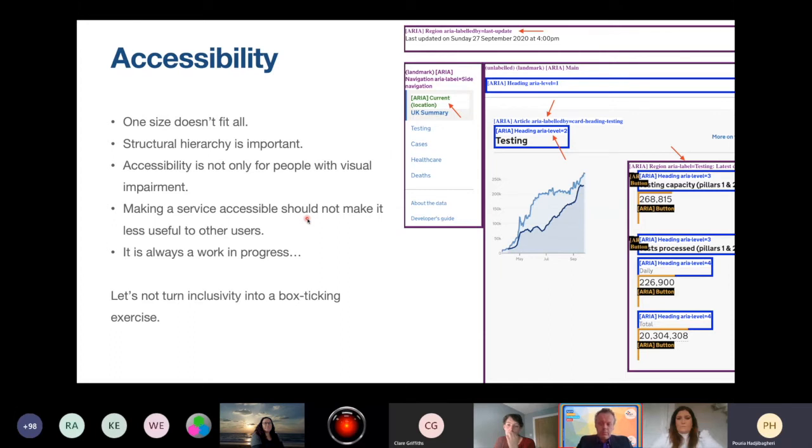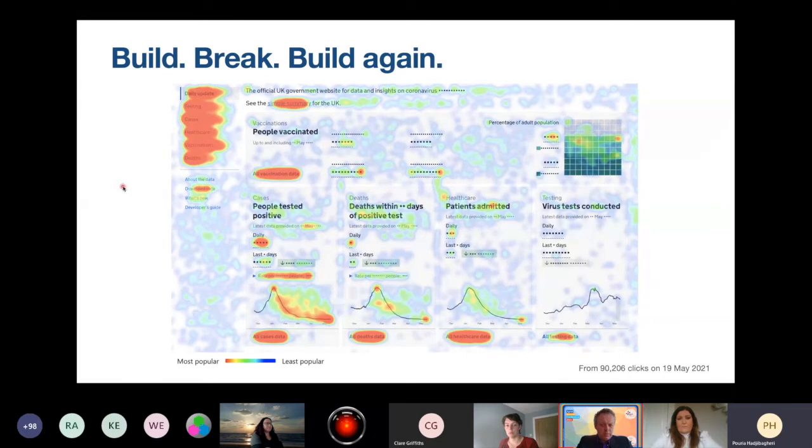People with dyslexia, for instance, or ADHD, don't like very long paragraphs or long stretches of text. So we need to make sure that the width of the text that we are showing on the service is also reasonable, and things of that nature. We also keep improving the service.